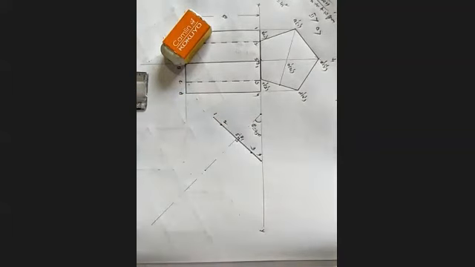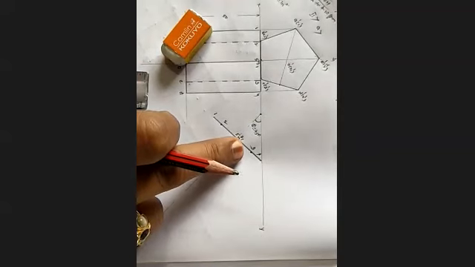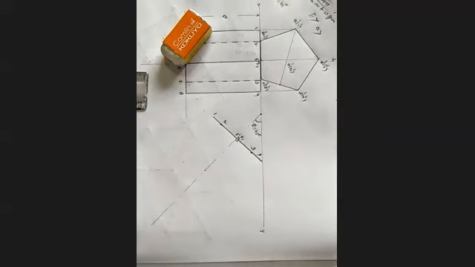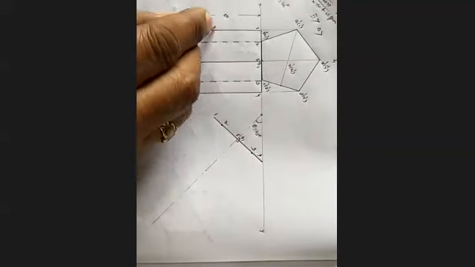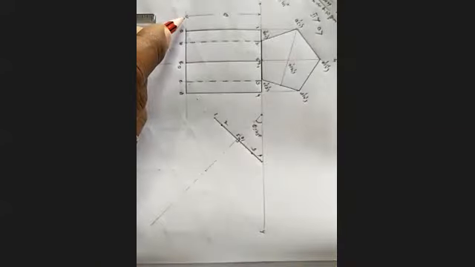We will check this while considering this stage. Once you are perfect here, everything is perfect. After this, what is the relation between all these lines? Parallel. Very good. How much distance? 50. Simple.